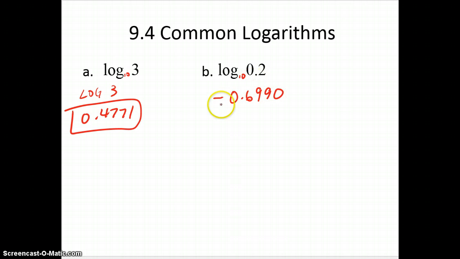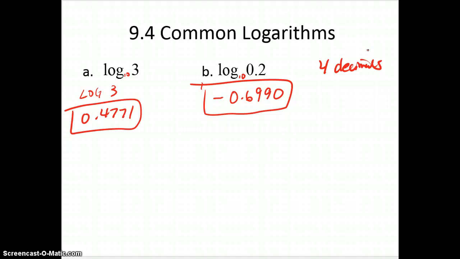And again, I'm rounding these. So rounding correctly, usually we take these to 4 decimals. Okay, that might be something you want to note. But again, just work on hitting it in your calculator. And again, that's log base 10 if it's not written. And you're going to see why we're going to be able to use this a lot more here in a minute.